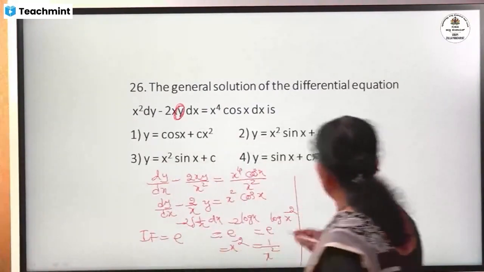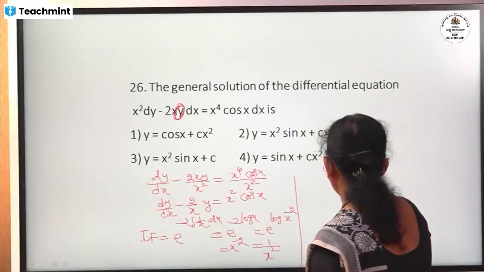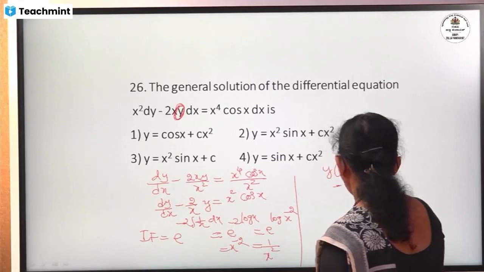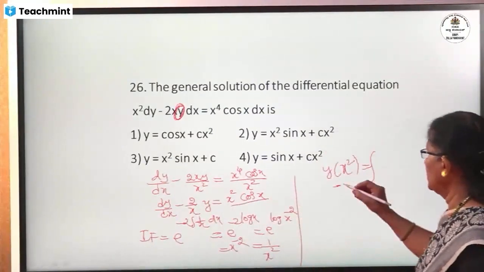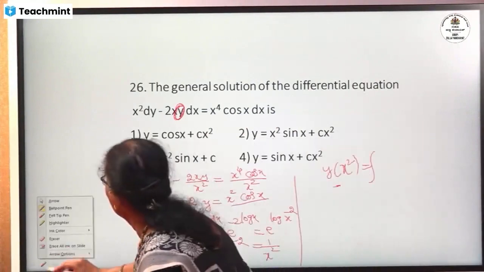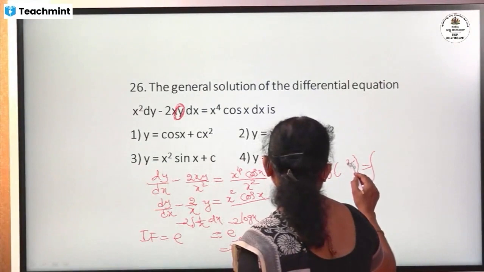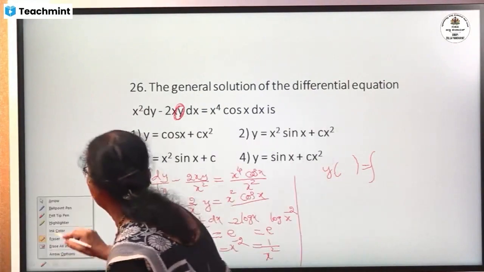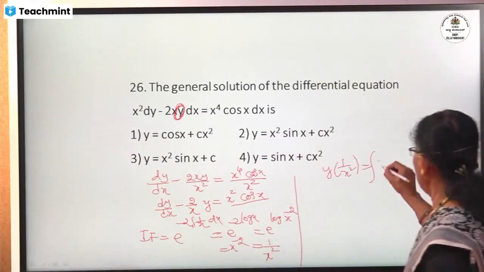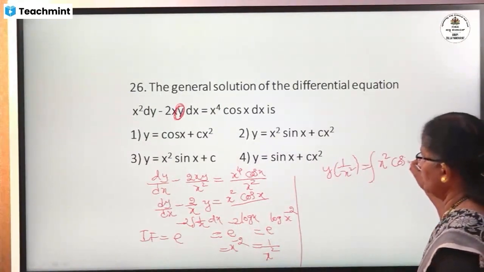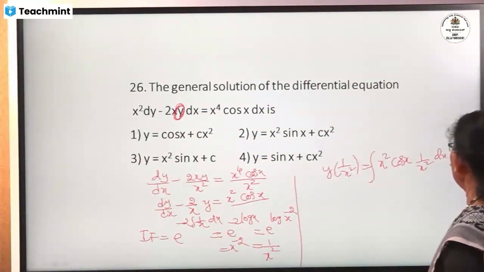So what is the solution? Y into integrating factor equal to integral of q into integrating factor plus c.